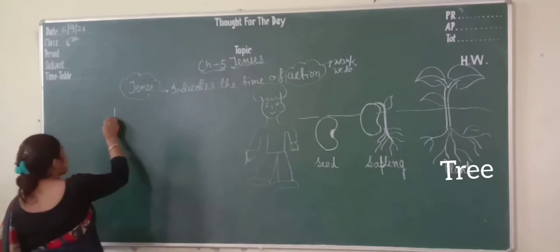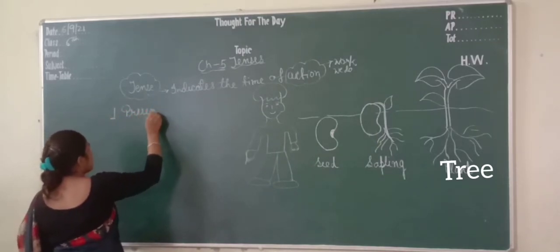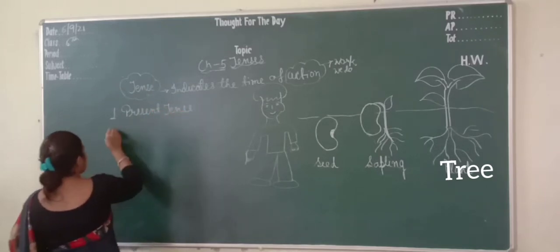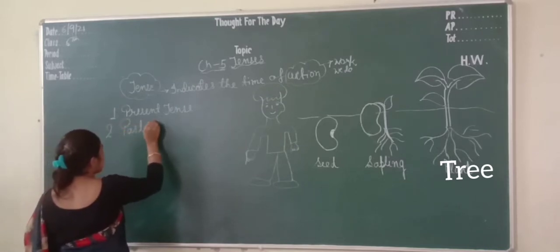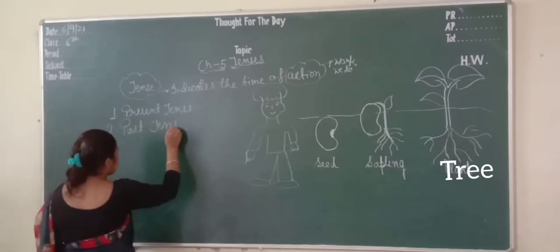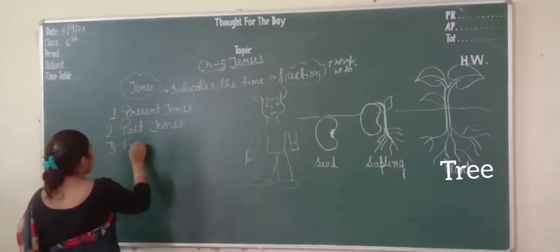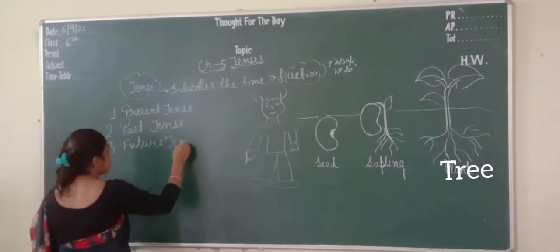First one is present tense, second is past tense, and third is future tense.